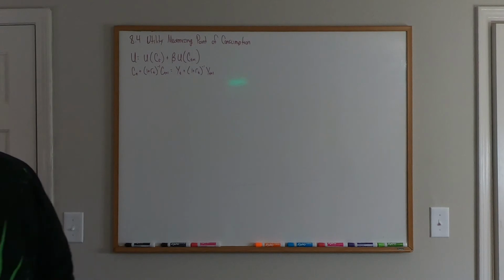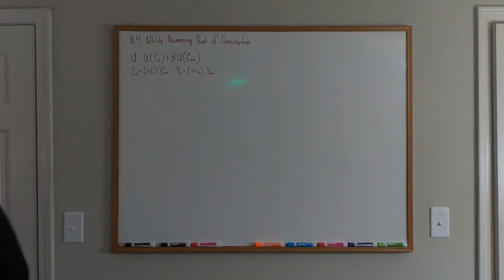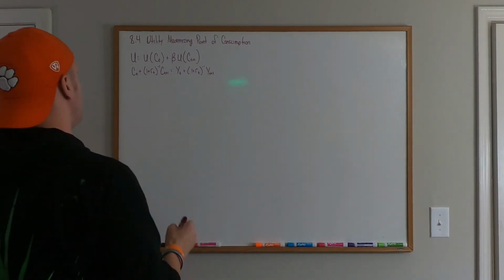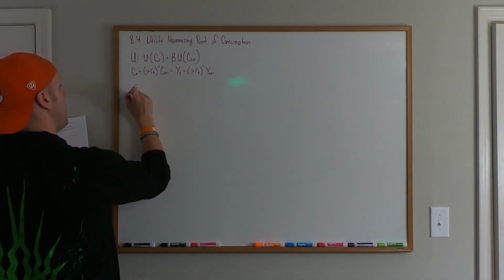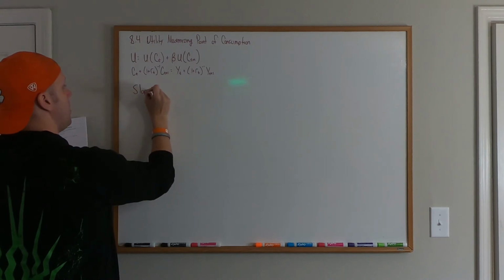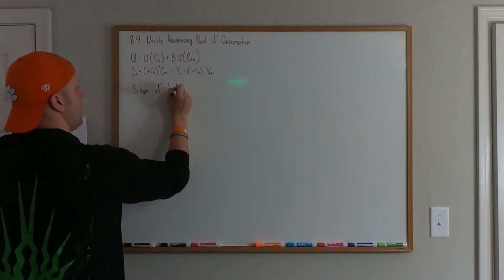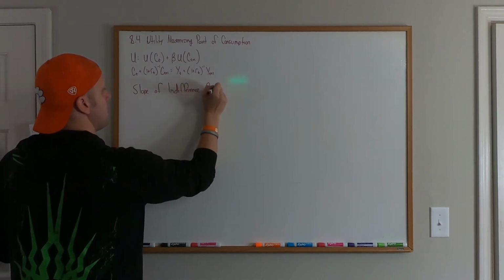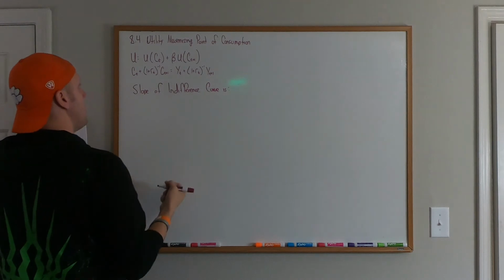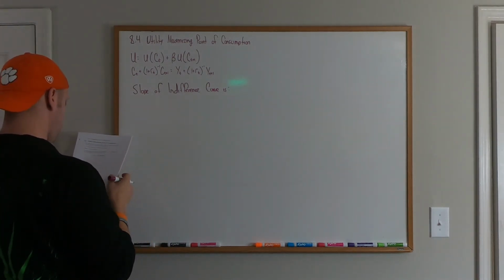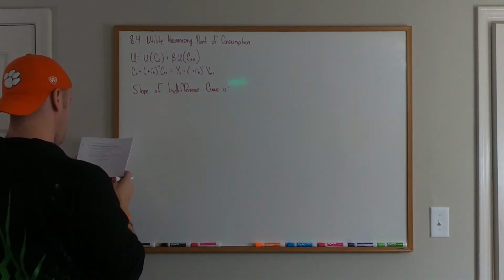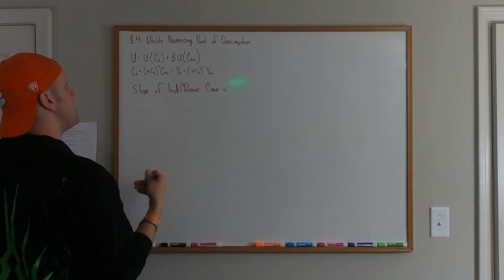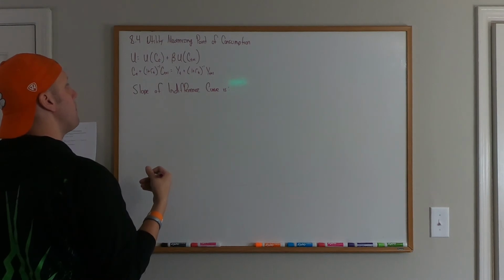So when I'm looking at this, what's the slope of the indifference curve? If we remember, it's just the marginal rate of substitution between the two.